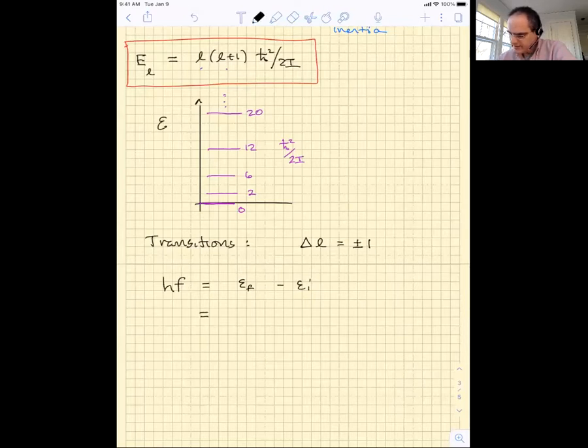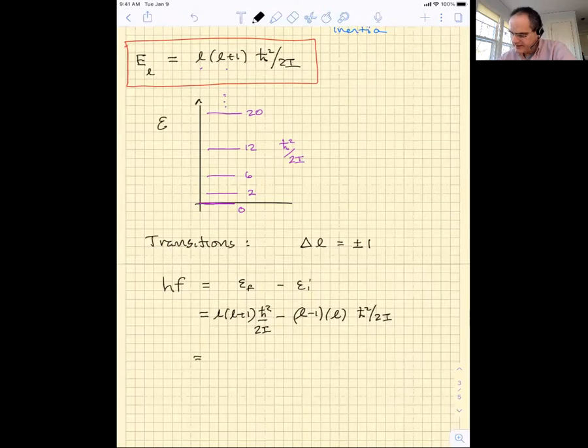Let's imagine a transition from the state L minus 1 to the state L. And now let's find the difference in energy between these.